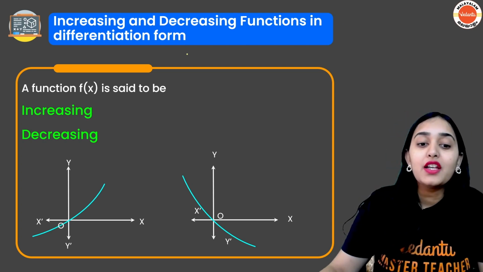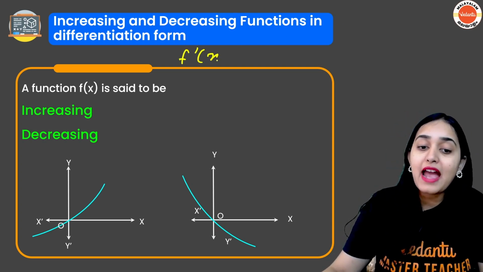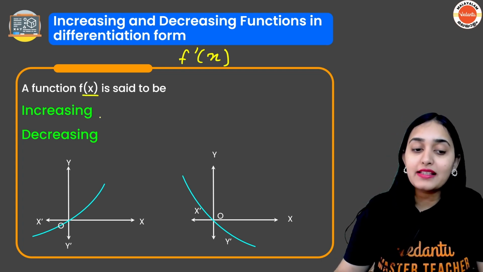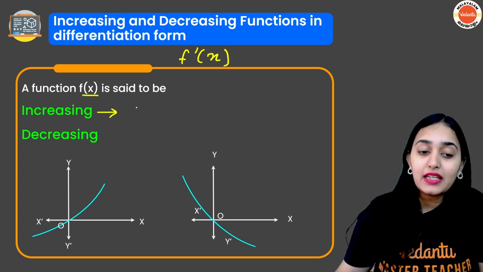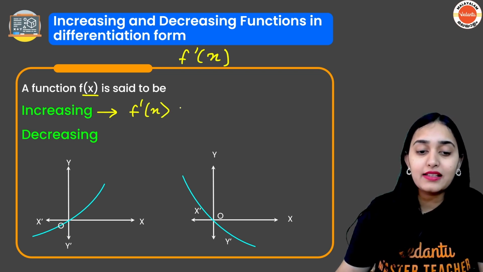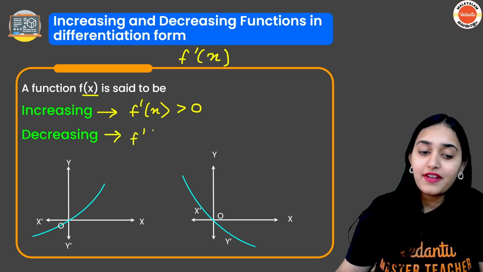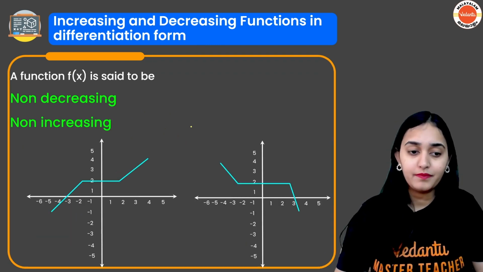That means you have to find out f dash of x to check if f of x is increasing. It will be increasing if f dash of x is greater than 0. It will be decreasing if f dash of x is less than 0. Simply. Okay.